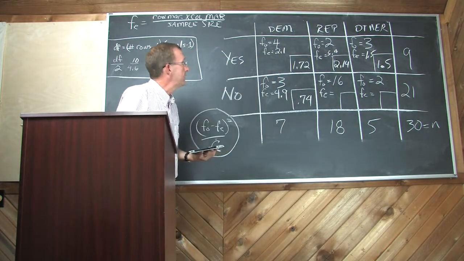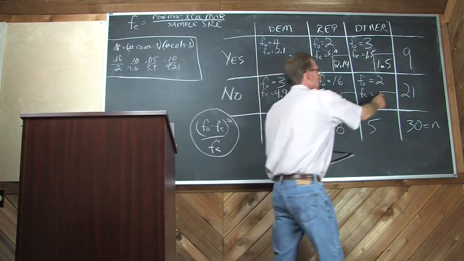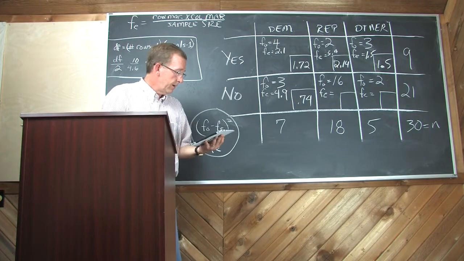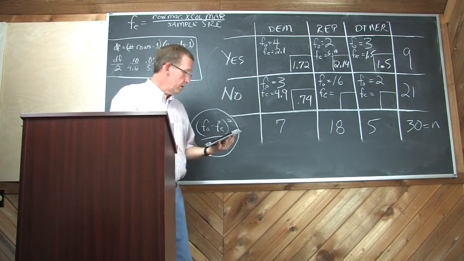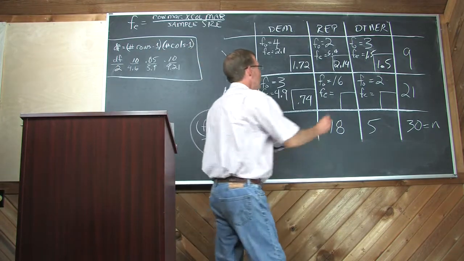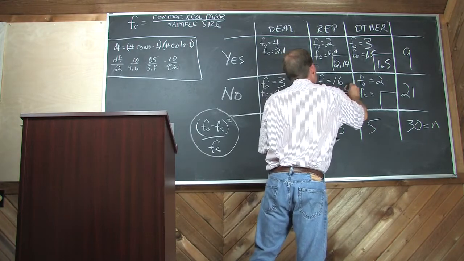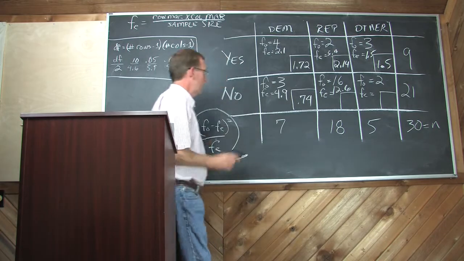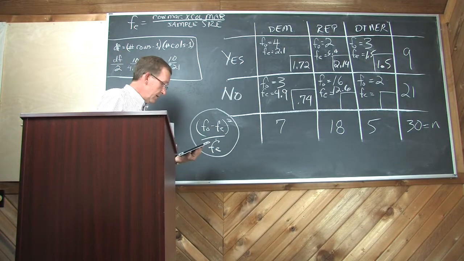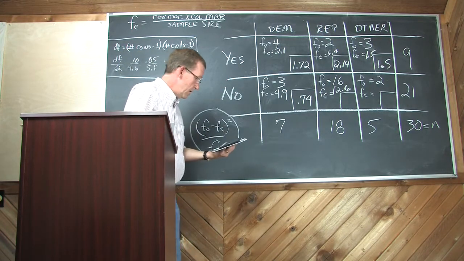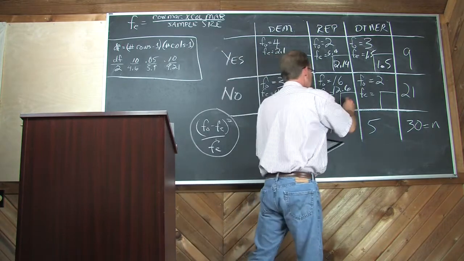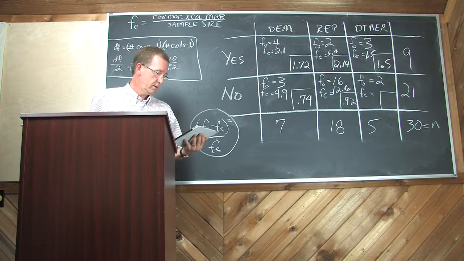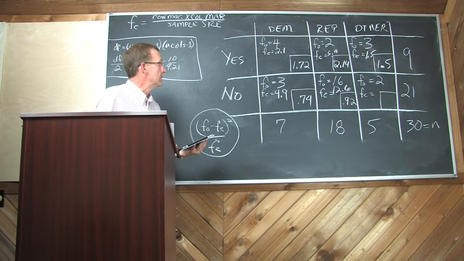And next to last, 18 times 21 divided by 30 is going to give you 12.6. 16 minus 12.6 squared divided by 12.6 is going to be very small also, 0.92. Getting smaller ones down here, but it's still going to be enough.